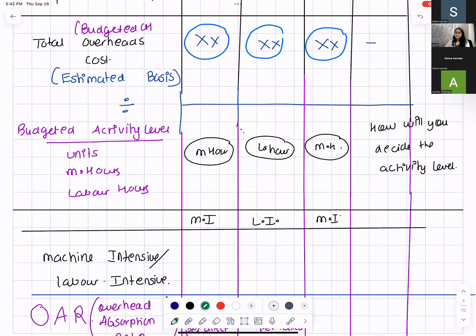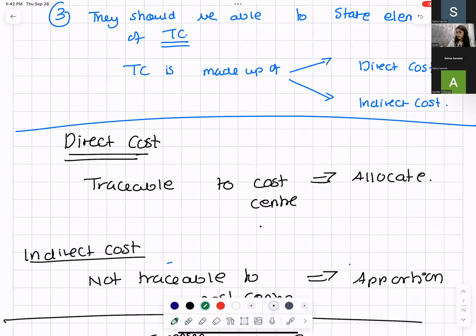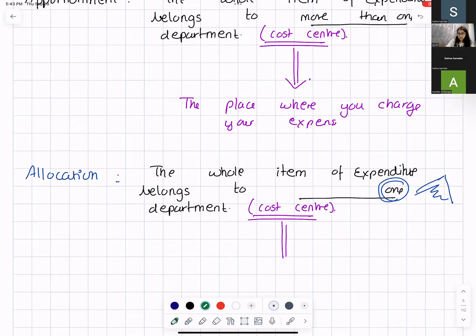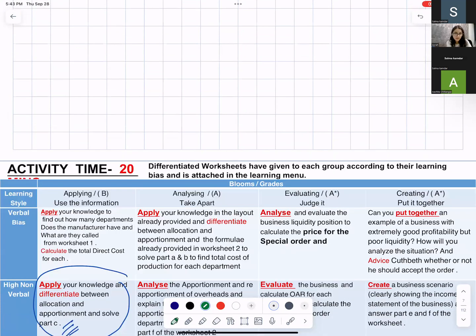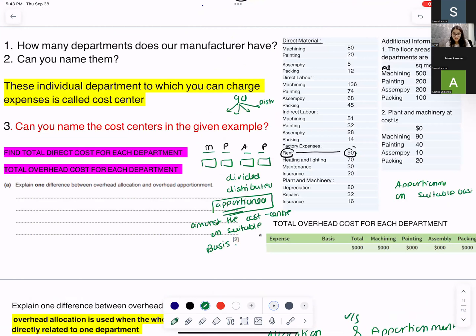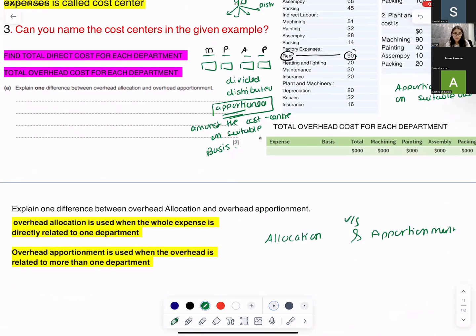So what is allocation? Allocation is when the whole expense is directly related to one department. I want these words only.